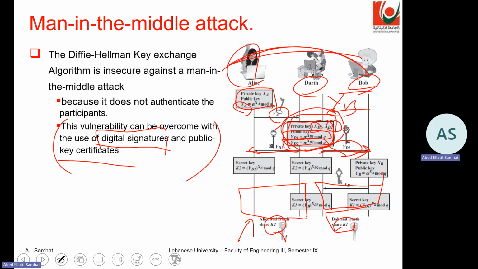So to avoid the man-in-the-middle attack, we can use digital signatures, for example. But if we are using Diffie-Hellman without the authentication phase or digital signature, it is possible to be attacked using a man-in-the-middle attack.